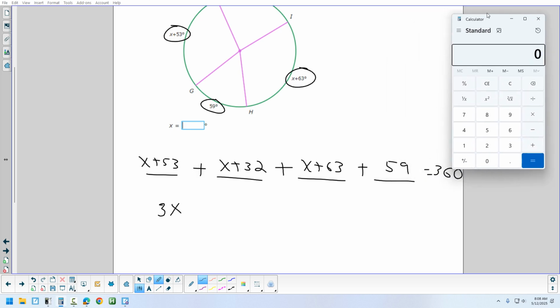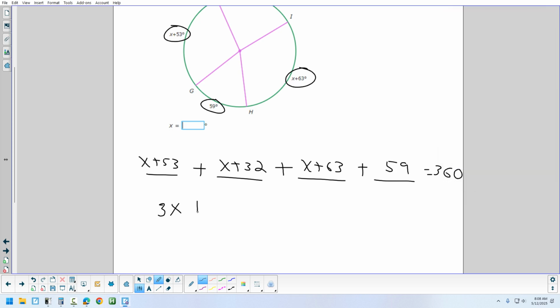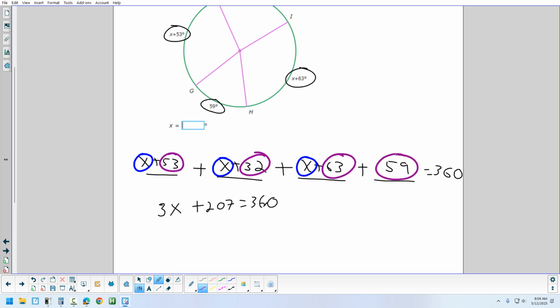So we can add all those up. 53, 32, 63, and 59. So that gives me 207. Okay, so I combined everything I circled in blue. All those get combined together. And then I combined everything that was circled in purple on the left side.